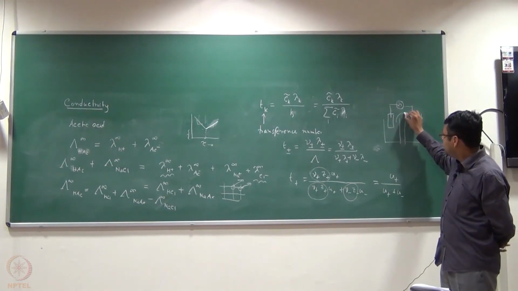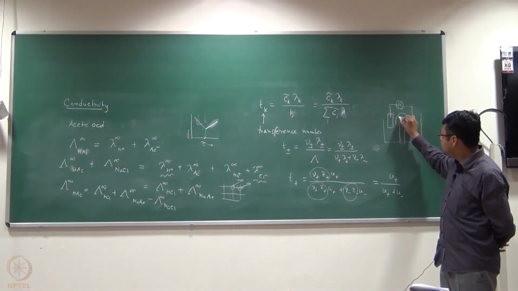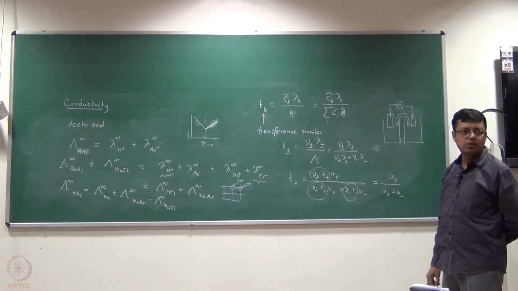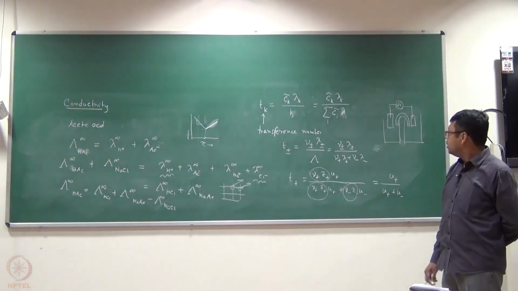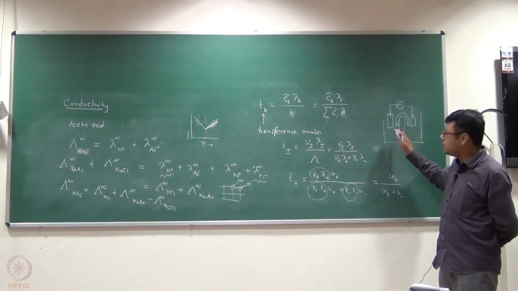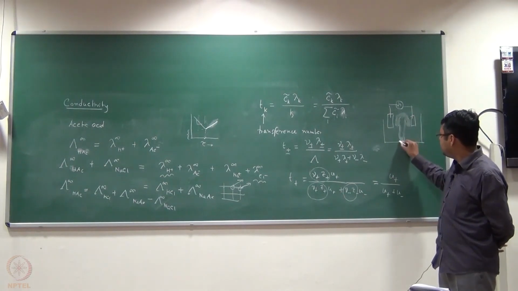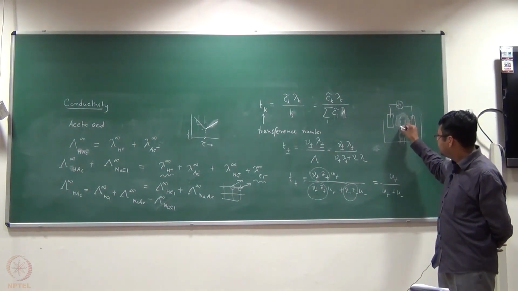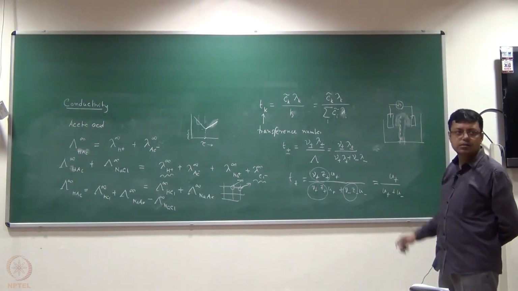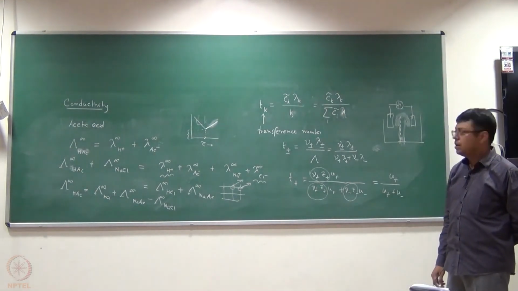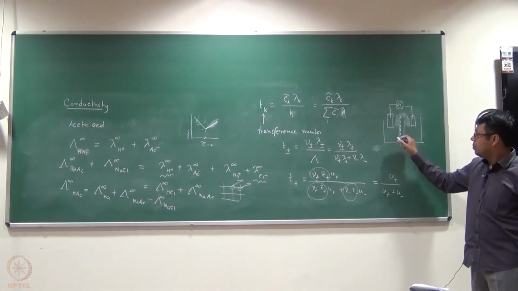And to move the ions, I connect something known as a salt bridge. Interestingly, what does a salt bridge do? Suppose I do not have a salt bridge, and I have some kind of membrane across which the ions can transport.